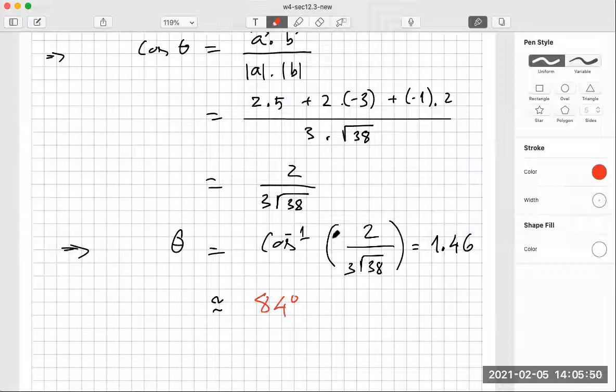Or in degrees, it will be approximately 84 degrees. Yes, very good. Thank you, Alok and everyone. Do you all see it? Do you all get the same result?